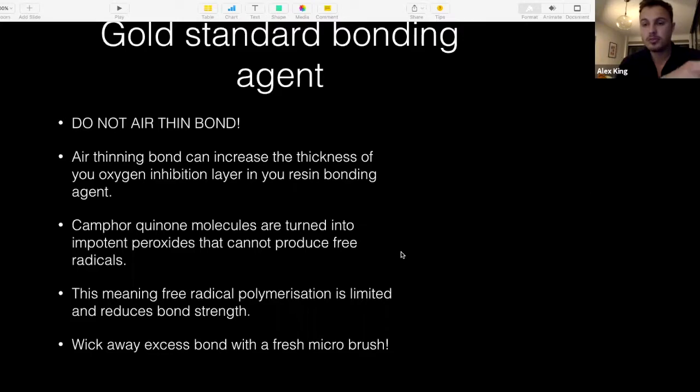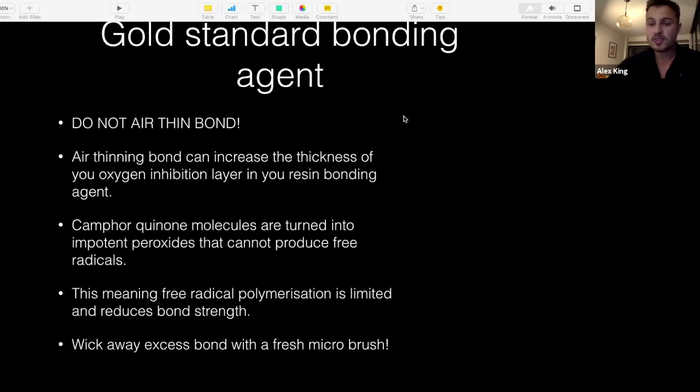So there's numerous studies on it, and it's been done by Dr. David and David Alleman that prove air drying your bond reduces the bond strength. So if you air dry your bond, you're increasing something called the oxygen inhibition layer. So what happens is that your camphor molecules, which is your photoinitiator in your bond, actually degrades and it gets turned into impotent radicals.